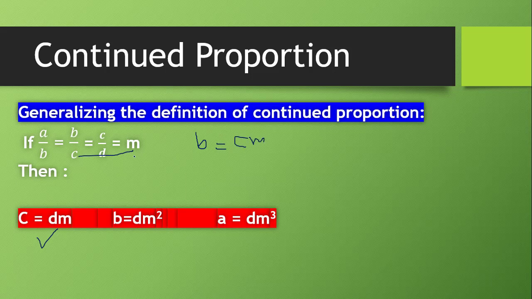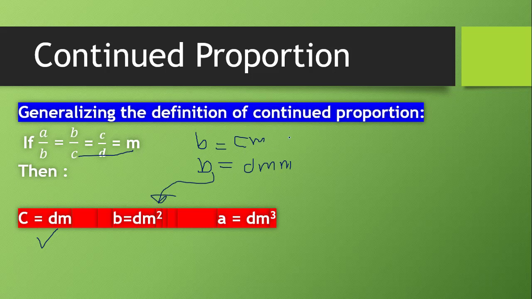But I have here C equals dm. So I write B equals, instead of C I write dm. So I have dm, and here also another m, so it will be dm power 2. So B equals dm power 2.